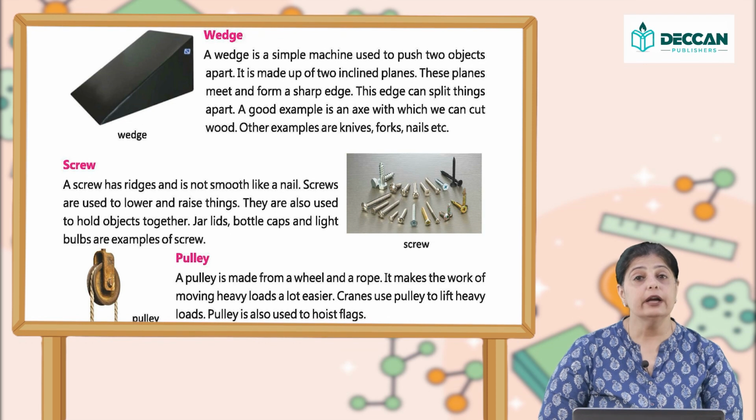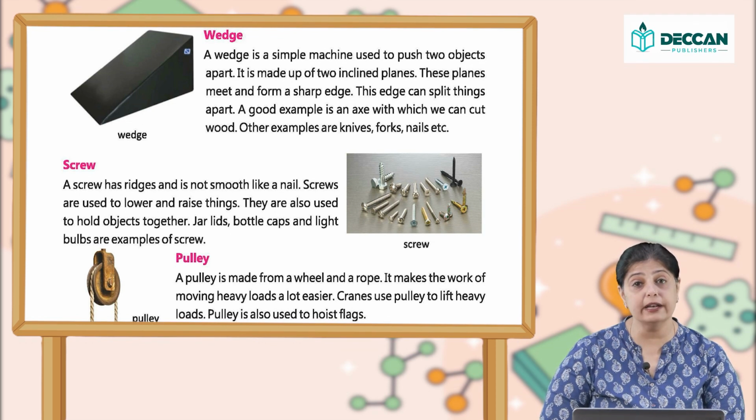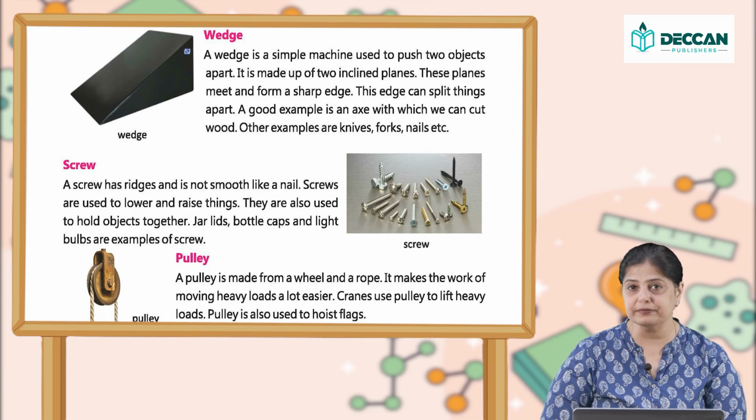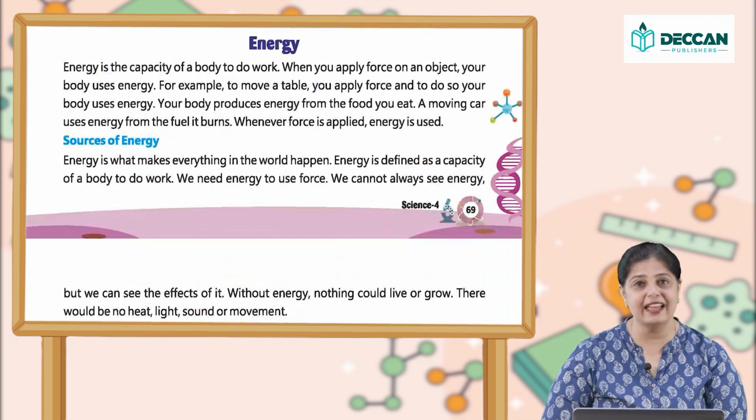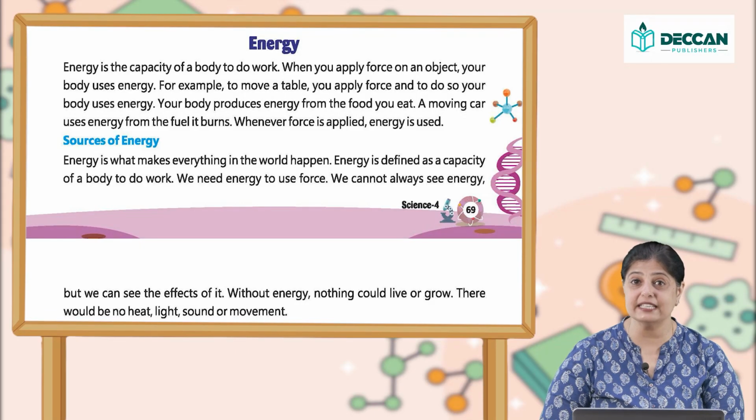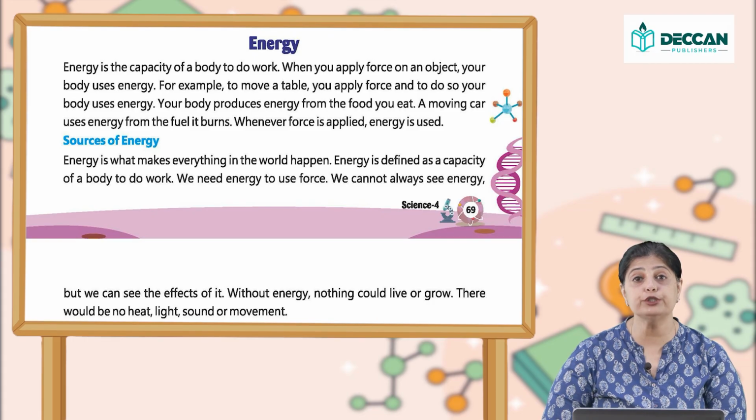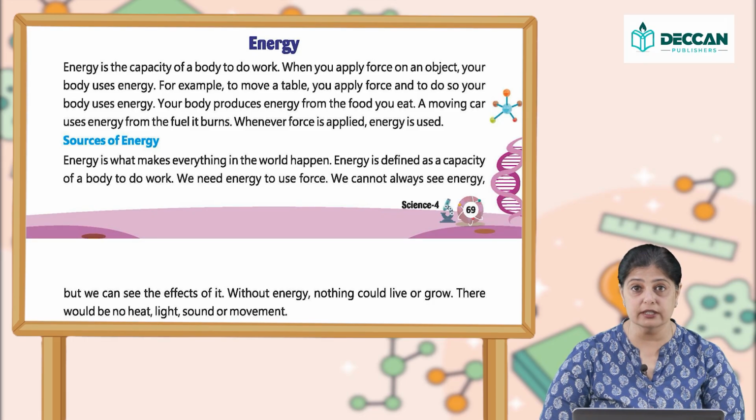Now, in order to do all this work, and to make the machines work, what do we need? We need energy. Energy is the capacity of a body to do work. For any body to perform any kind of work, you need energy.